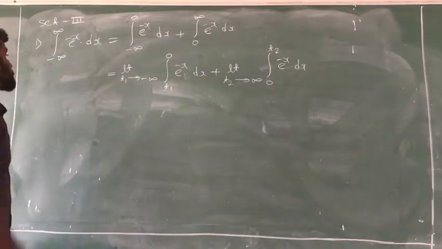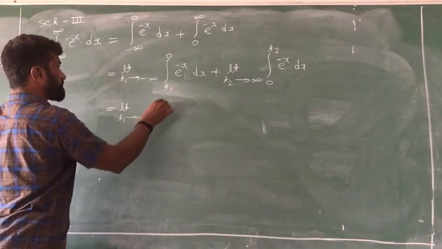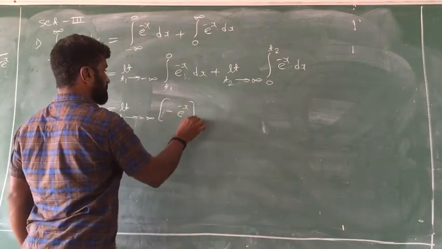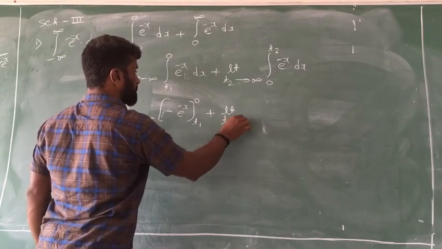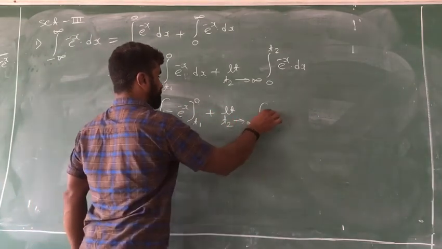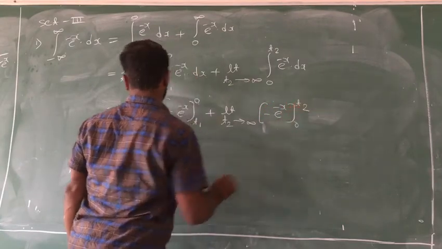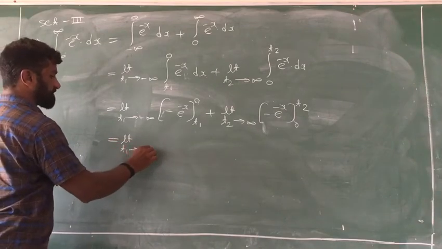Now integrate this. The integral of e raised to minus x is minus e raised to minus x. Taking upper limit minus lower limit.